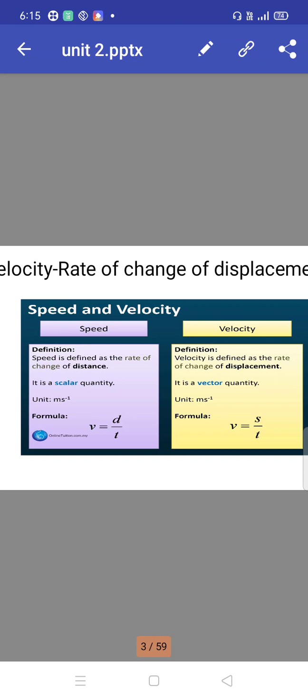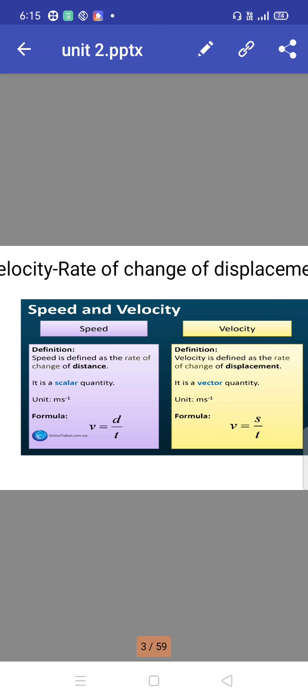We have to know the difference between velocity and speed. The definition for speed: speed is defined as the rate of change of distance. It's a scalar quantity. The unit is meter per second, distance per time, that is m s power minus 1.